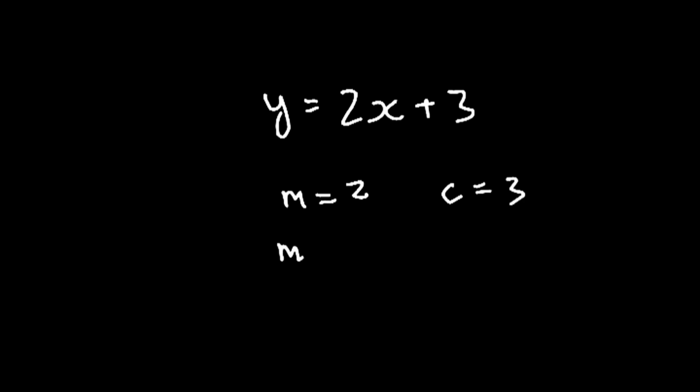You can also write the gradient as m equals 2 over 1, which is in the same form as rise over run. This tells us that the slope of the line is 2 units up and 1 unit across, rise over run. This will be used to sketch lines.